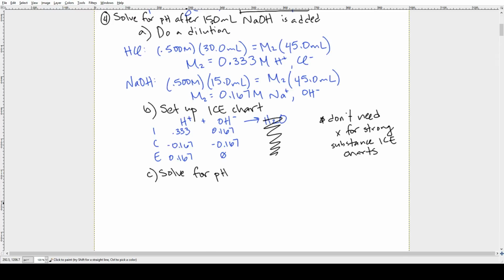All right, so let's see, pH is equal to the negative log of the concentration of hydrogen ions. So you should end up with a pH of 0.780. I want 3 sig figs. This is for part B. So let's see if this makes sense.